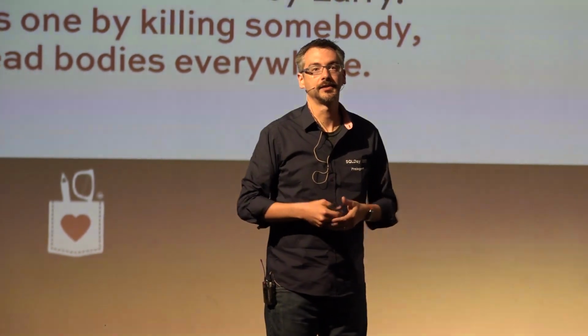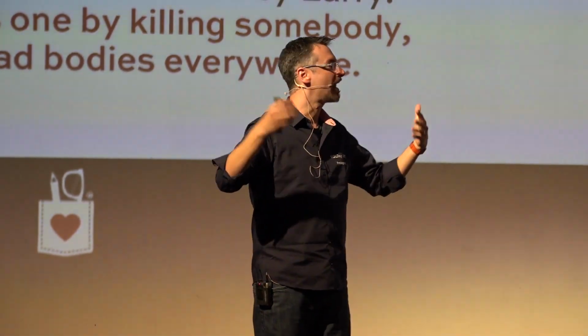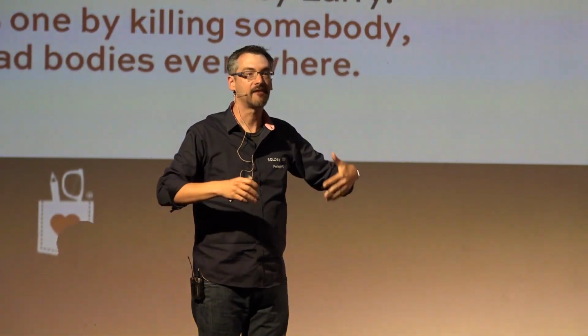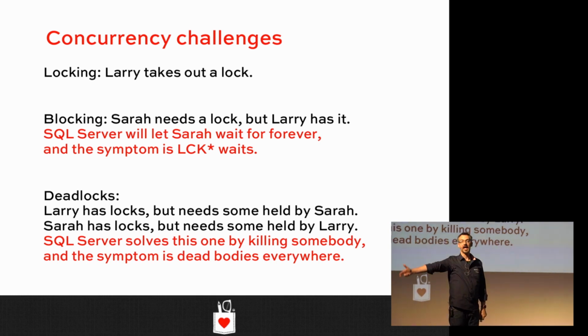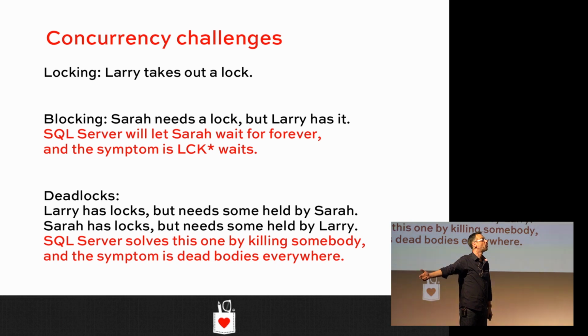Every 5 seconds, SQL Server wakes up and checks for this. Every 5 seconds, SQL Server looks for Mexican standoffs, and whenever it sees them, it simply draws its own gun and puts a bullet in whatever query would be the easiest to roll back.